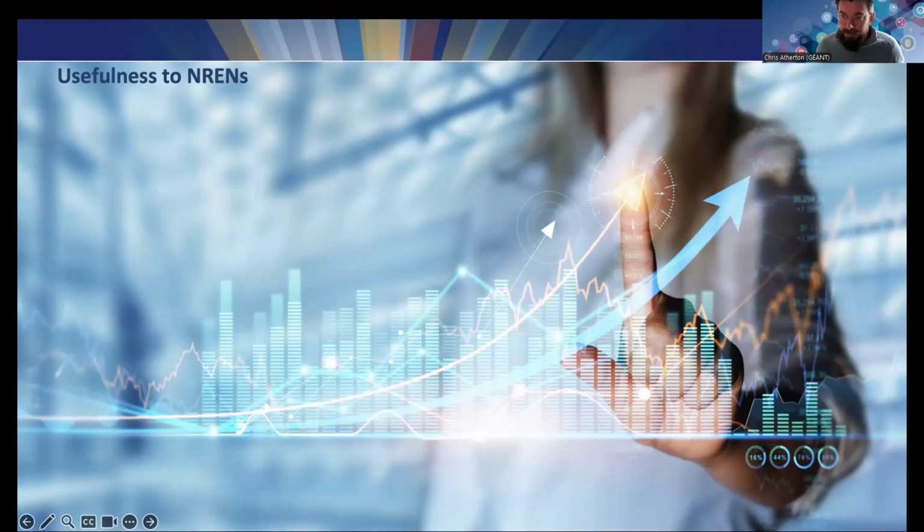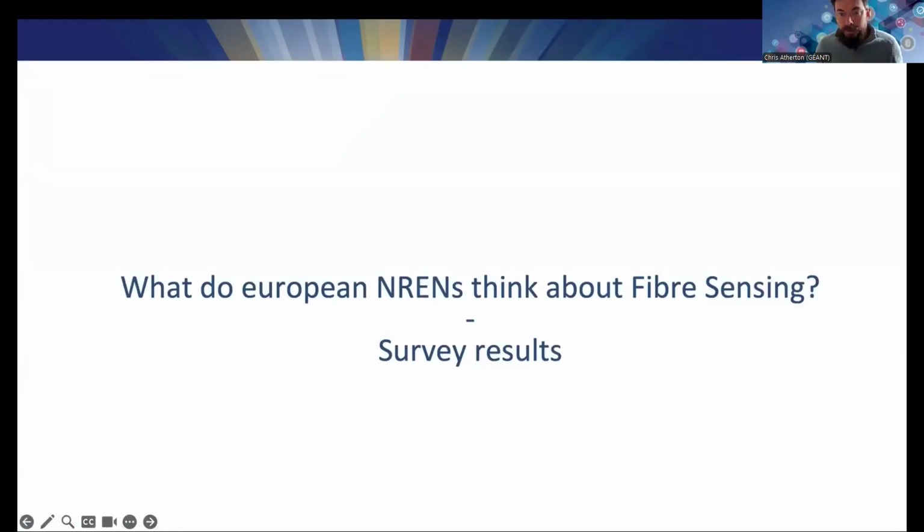And so this is one of the main reasons why we tried to ask NRENs what was of interest to them and how fibre sensing could be used by them. So this is where I'm going to start talking about what European NRENs think about fibre sensing and in general the survey results that we've collected.